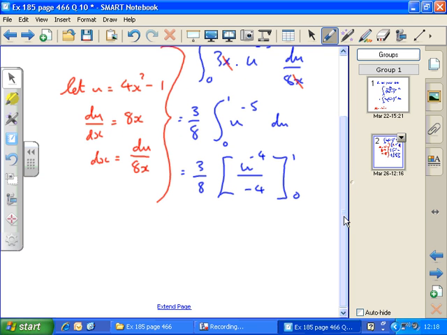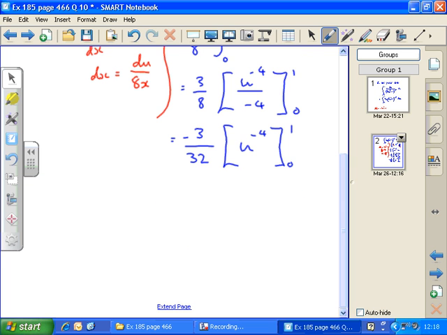Bringing the minus 4 outside, we get minus 3 over 32, u to the power minus 4, between 0 and 1.